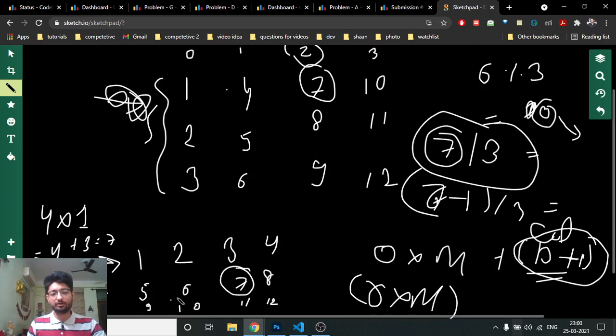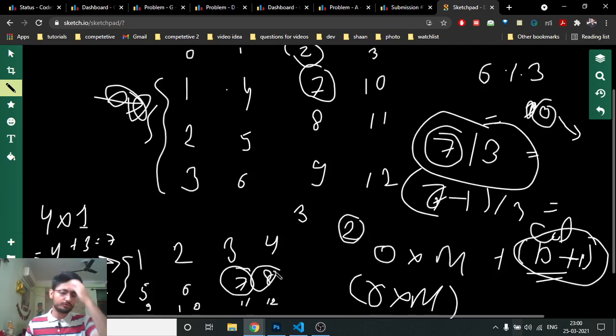If it is in the third row, second position, so 3 minus 1, two rows are already taken, so 2 into 4 numbers are already taken, which is 8. Now from 8 I am on the third row, so 8 plus 2, because it is the second column. So third row and second column, which is 10.